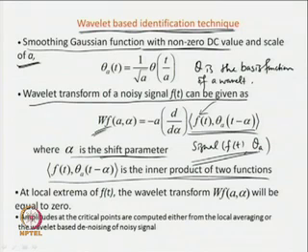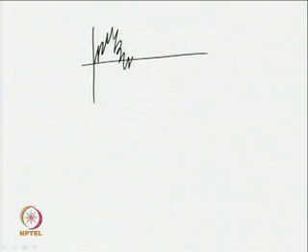That results, interestingly, in a situation where at local extremum of the signal, the wavelet transform will result in coefficients with 0. Okay. So, coefficients with values 0. What do I mean by that? Suppose the original signal is corrupted like this.